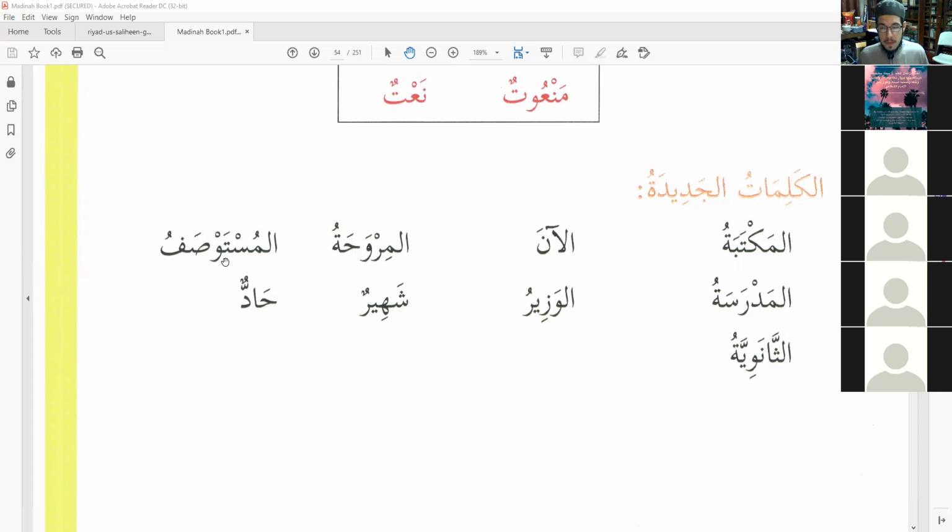Al-mustawsafu was a pharmacy. Al-madrasatu was a school. Al-waziru is a minister or an advisor. Shahirun, famous. Haddun, sharp. And al-thanawiyatu is secondary, as in al-madrasatu thanawiyatu, secondary school.